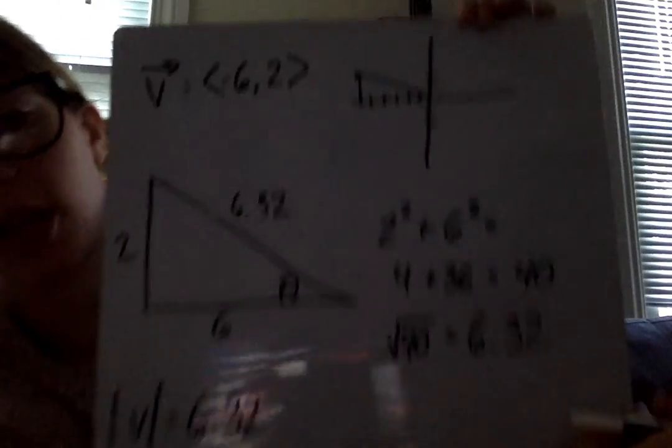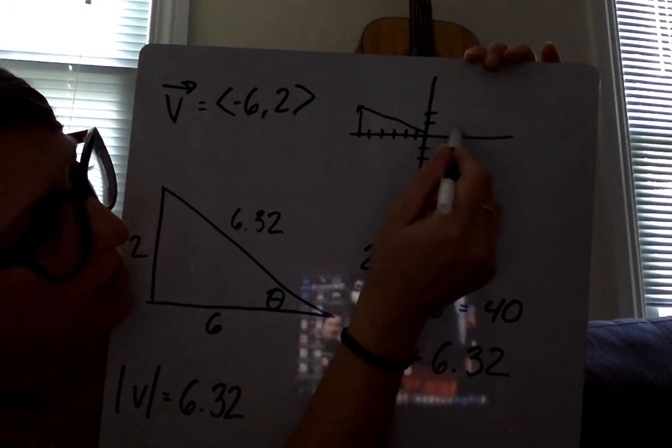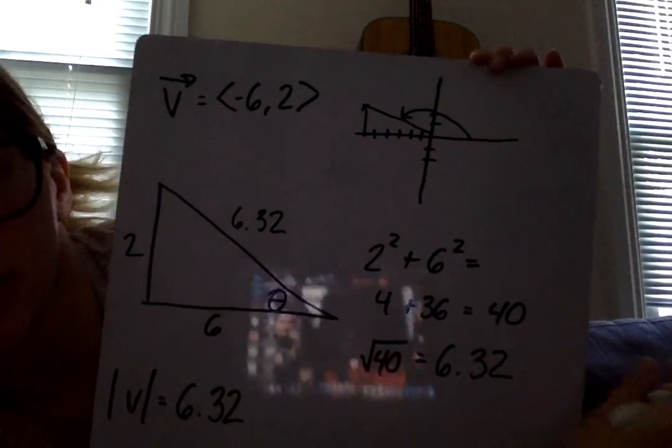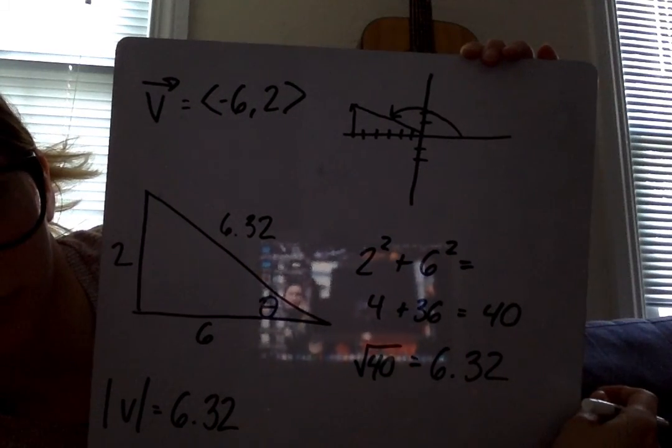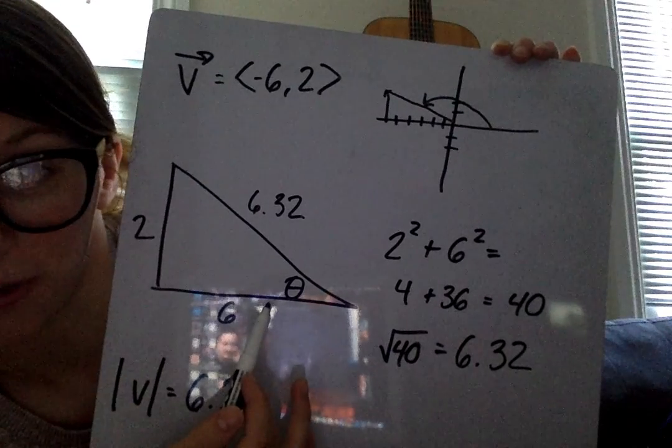But let's say I just asked for direction. I don't care about the magnitude. I'm just trying to find the direction of the vector. That means I'm looking for the angle that goes from here to here. But we only know this angle.